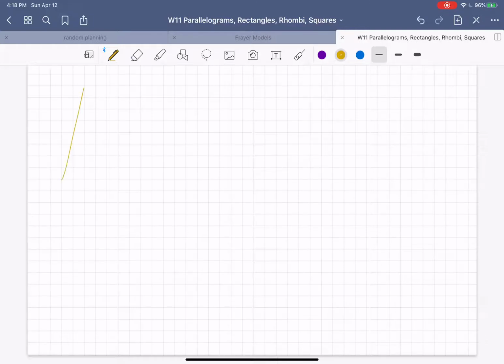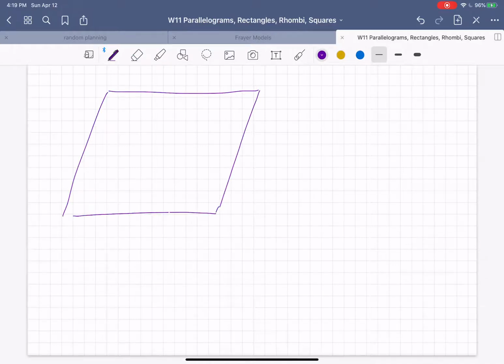So we have this parallelogram, and let's call it parallelogram KATY. We know that the lines are parallel because that's the definition of parallelograms, that the opposite sides are parallel.